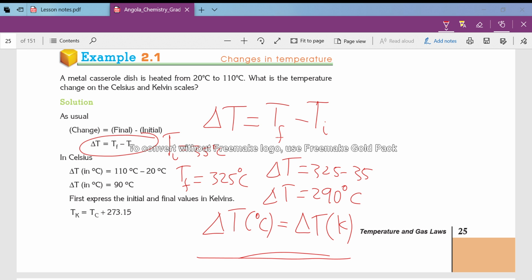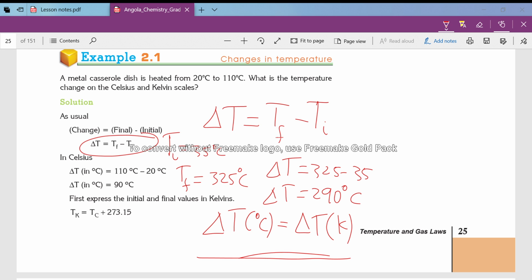So in this example, a metal casserole dish is heated from 20 degrees Celsius to 110 degrees Celsius. What is the temperature change on the Celsius and Kelvin scale? The change will be the same in Kelvin and in Celsius.